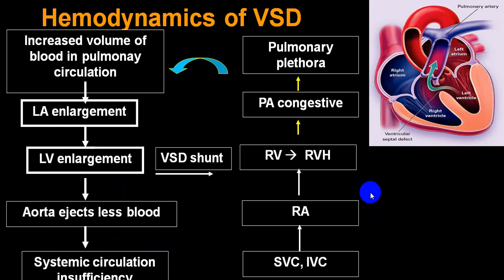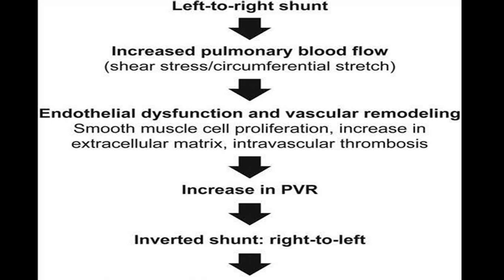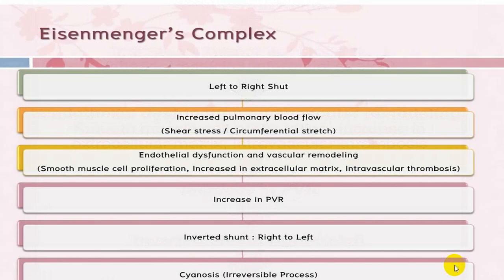And when the pressure in the RV becomes equal to LV pressure, shunt will stop. Further elevation, now reversal of the shunt will take place. So very peculiar. So reversal of the shunt, now you will have a right to left shunt. We'll call that Eisenmenger syndrome. So Eisenmenger complex will take place and there will be reversal.